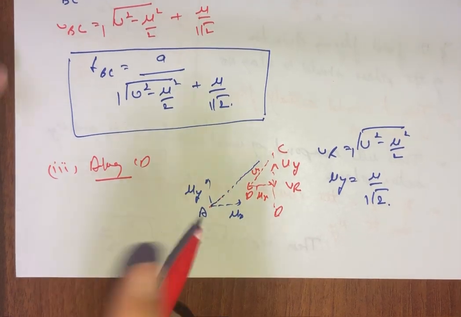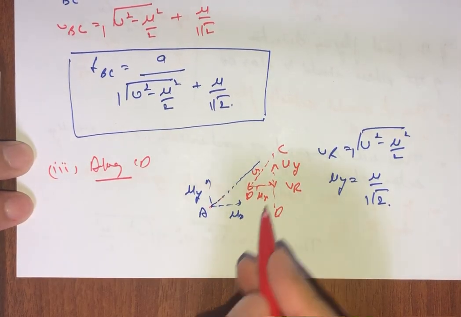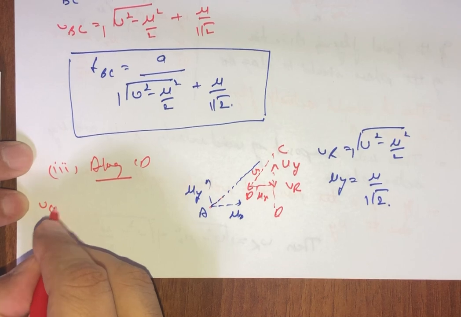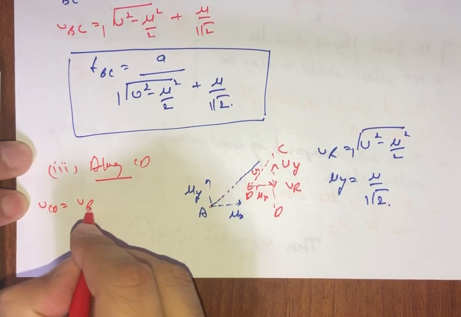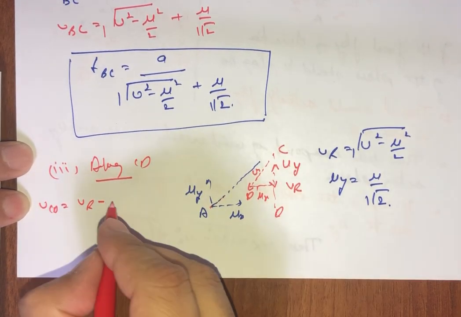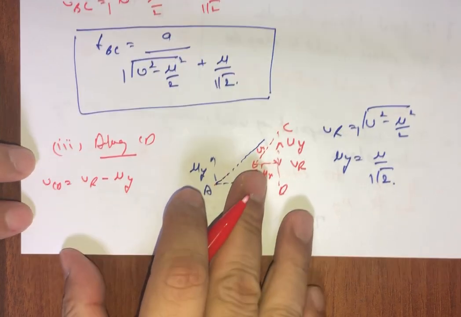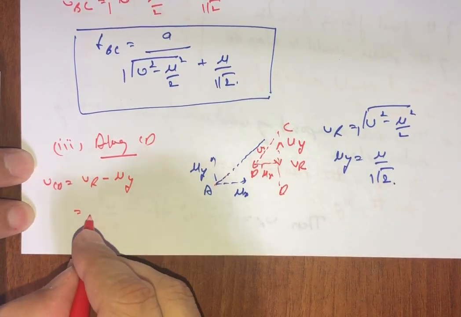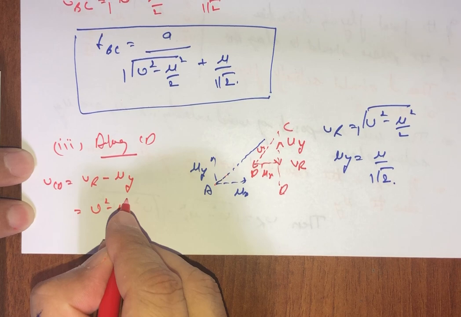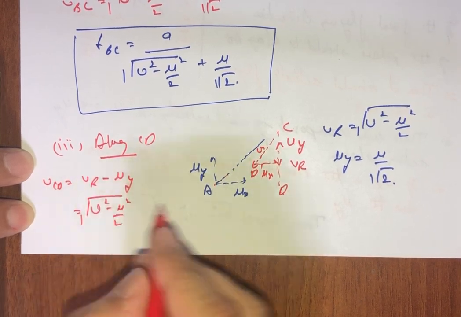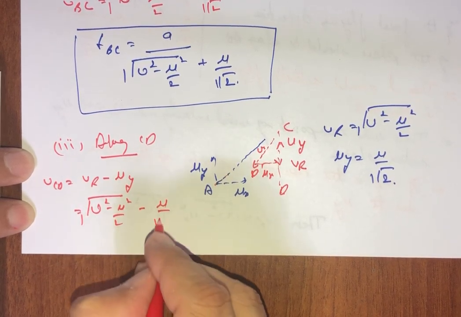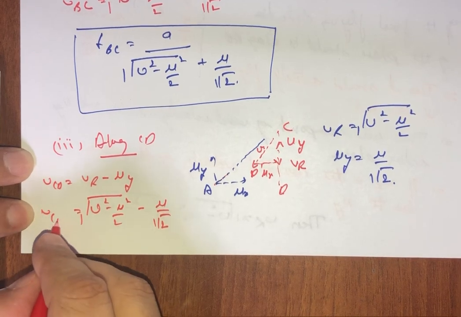Okay, so we get VCD will be equal to VR minus u by root 2, because they are in opposite direction. VR we already know is square root of (v square minus u square divided by 2). This is VCD.